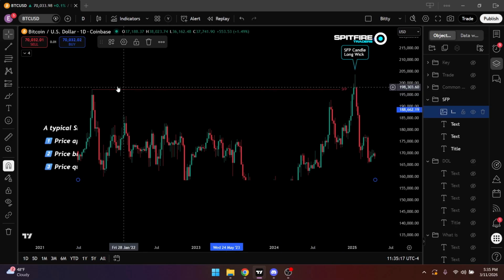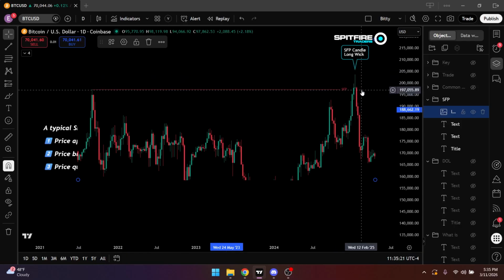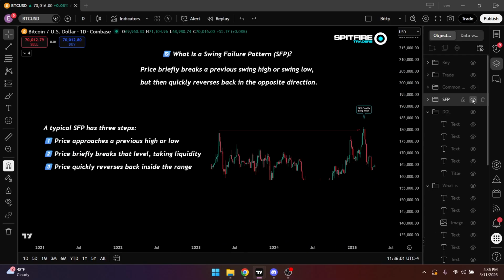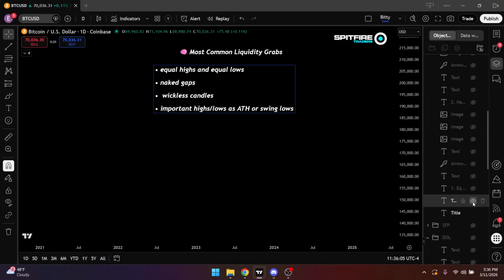Price came up, swept the high, and then reversed, leaving a long wick on the candle. There are several patterns of liquidity grabs. Most common are these: equal highs and equal lows, naked gaps, wickless candles, and important highs or lows such as all-time highs or swing lows. Let's break each one down.